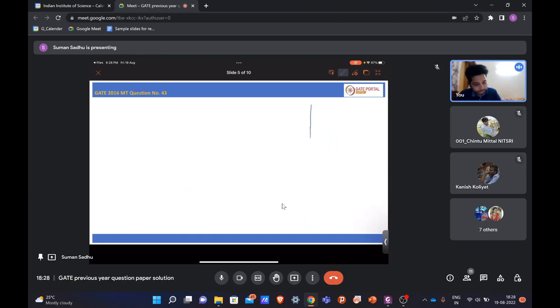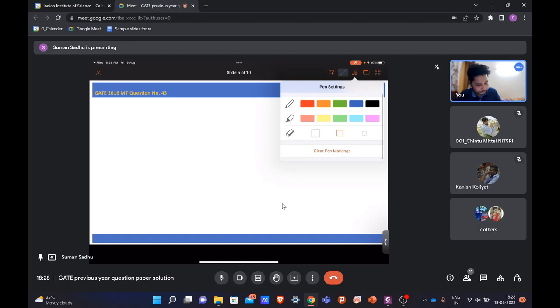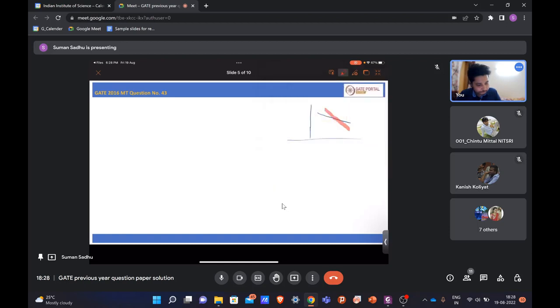As I mentioned here, this is the liquid, this is the solid, right? This is the Tm and this is our T, the temperature of interest.